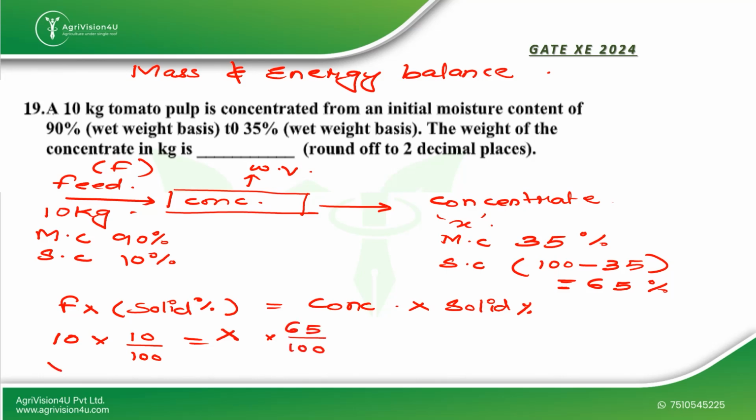So we'll get X over here as 100 by 65, which is around 1.538 kg.